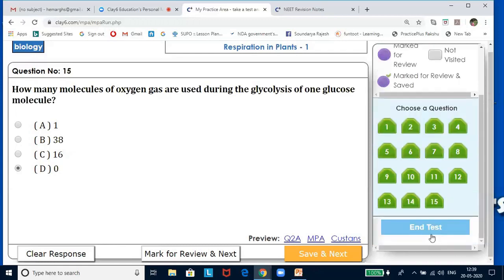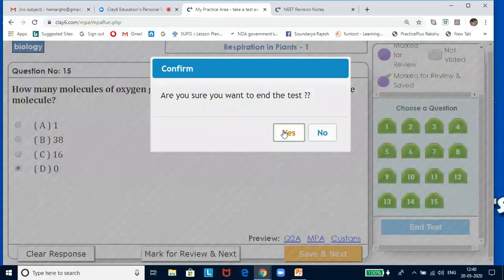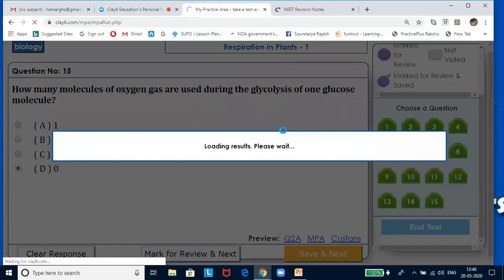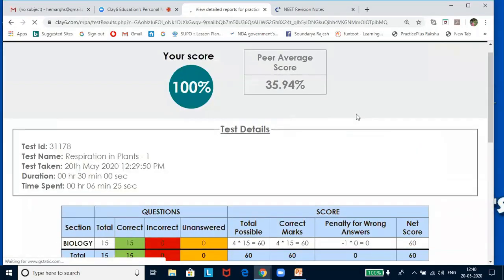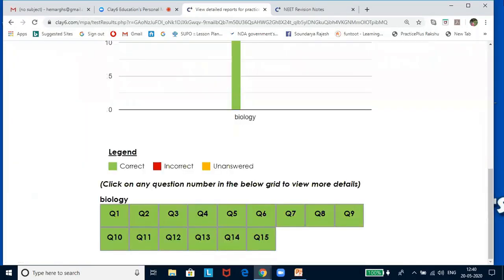Sorry. So I'm ending the test. So now you see that all our answers are correct. If I have made a mistake in any question, say for example I made a mistake in question number 5, it will be showing me in red color.